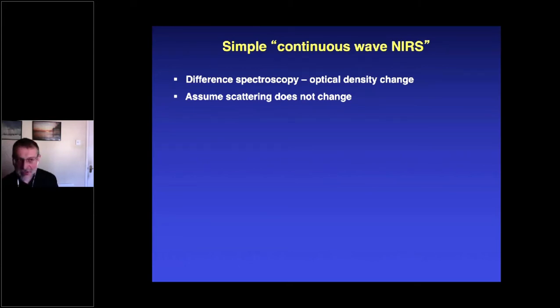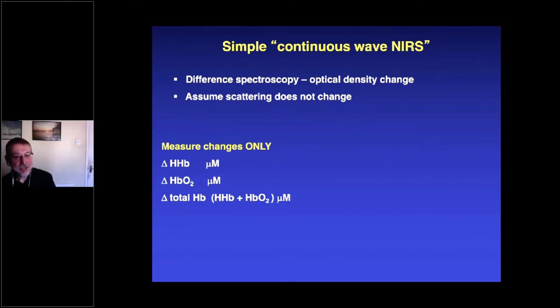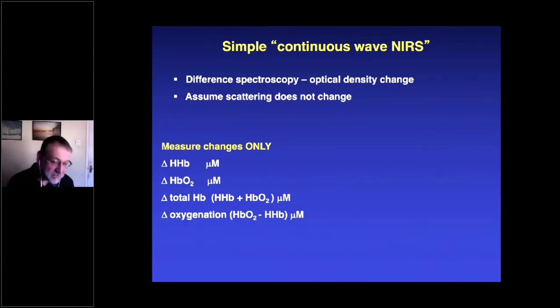And you assume there's no scattering change, and therefore you're just measuring the color change. And if you do that, you can measure a change value for the change in deoxyhemoglobin, a change in oxyhemoglobin, a change in total hemoglobin, and a change in oxygenation. And they can be in micromolar units, and that gives you an actual concentration change.